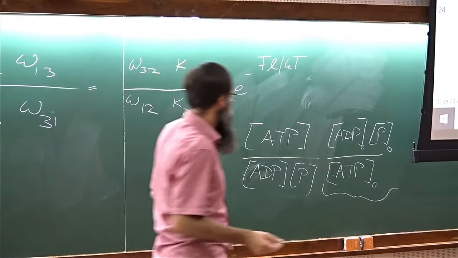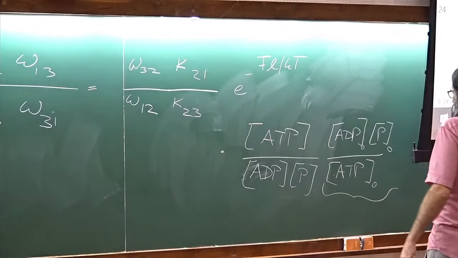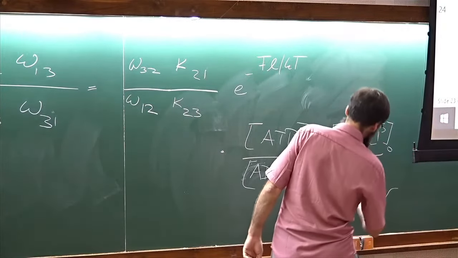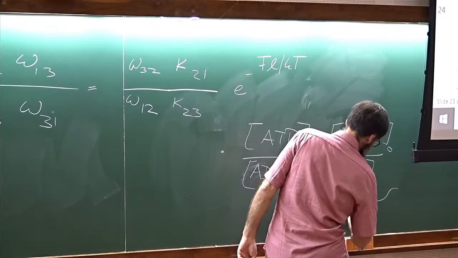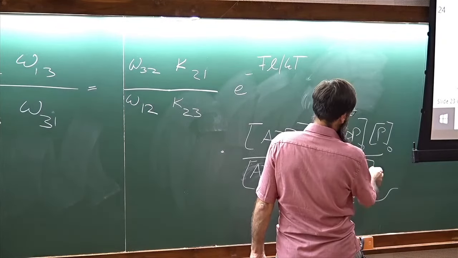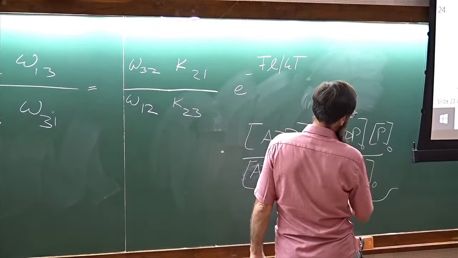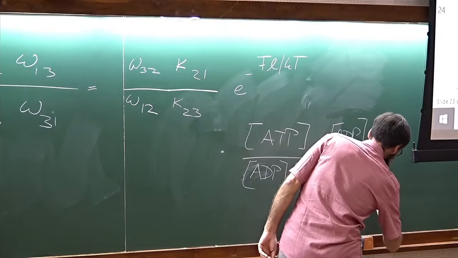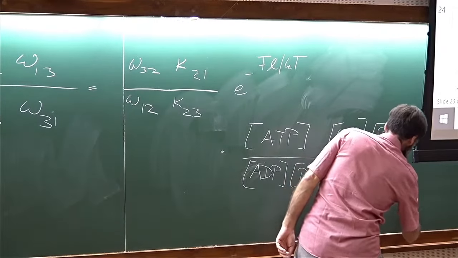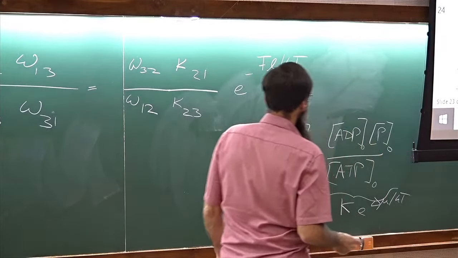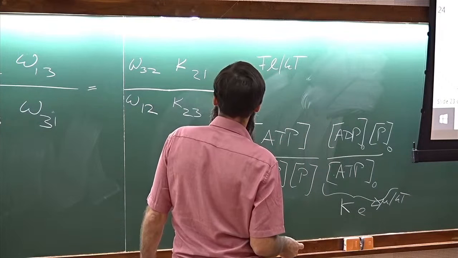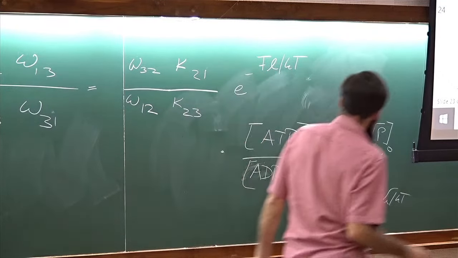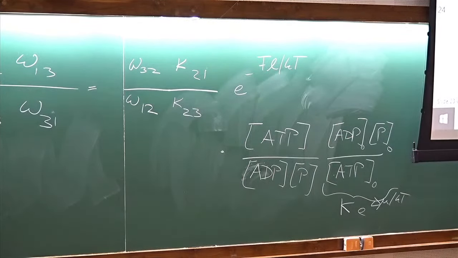So I can write this as an equilibrium constant K times, well, the logarithm of that would be related to the chemical potential. So I can write this as e to some delta mu over kT. And I think now we're already done.